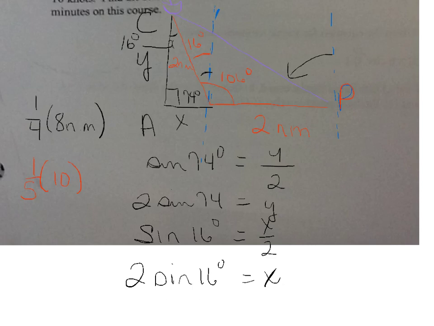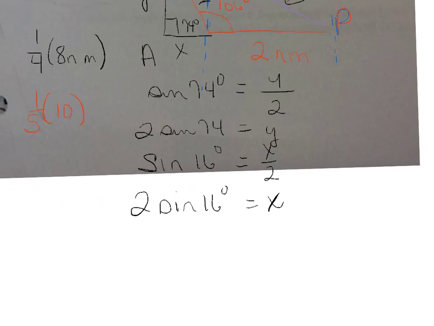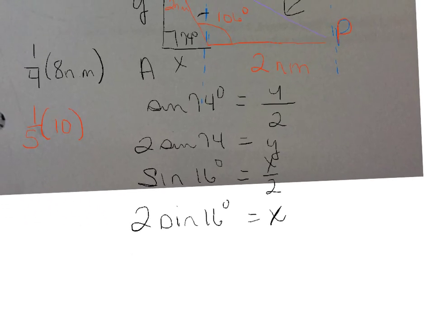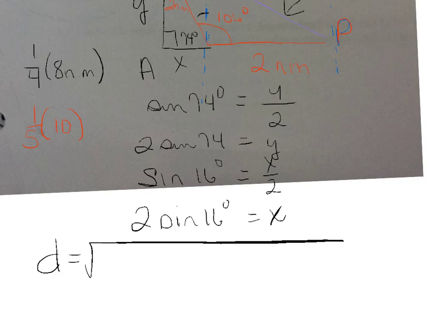Pythagorean theorem. So the distance is going to be equal to the square root of this side, which is x.